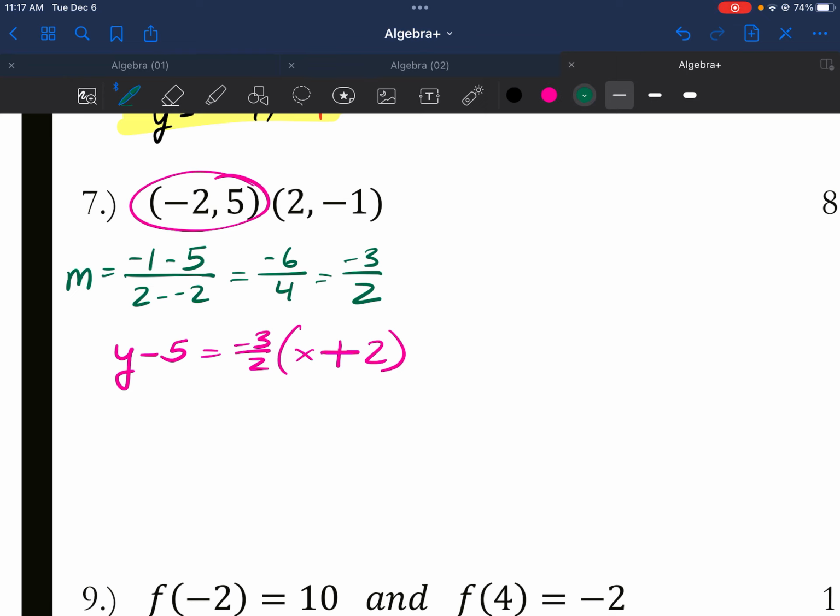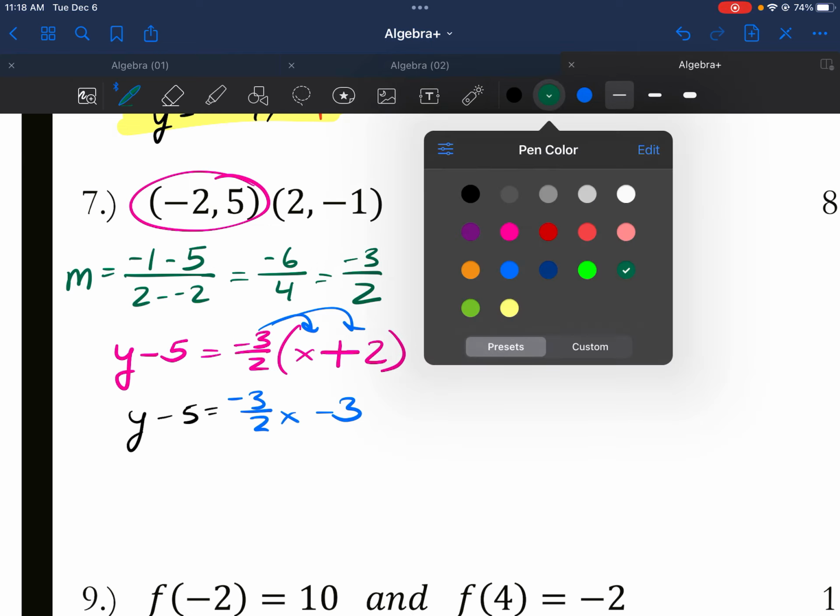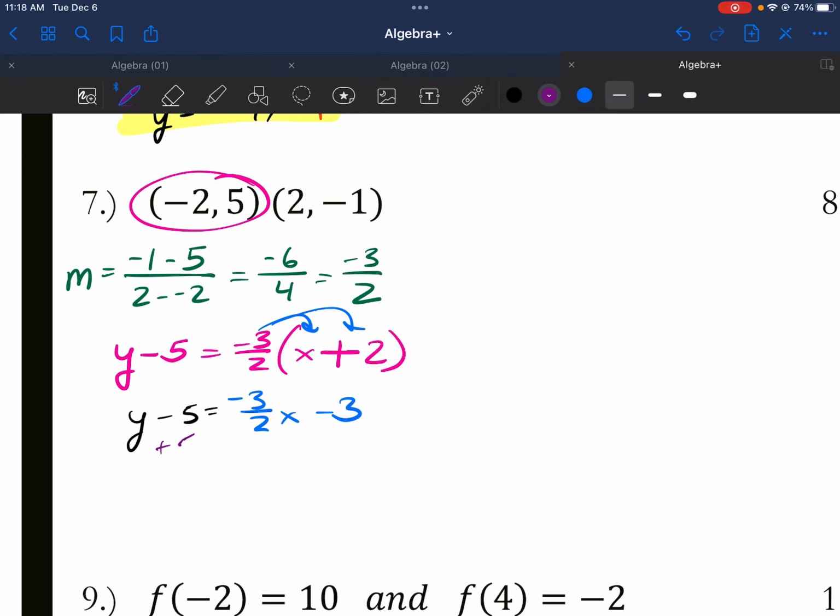Then I can distribute and get a negative 3 over 2x minus 3. And I'm going to add 5 to get to the other side and isolate my y. So y equals negative 3 over 2x plus 2.